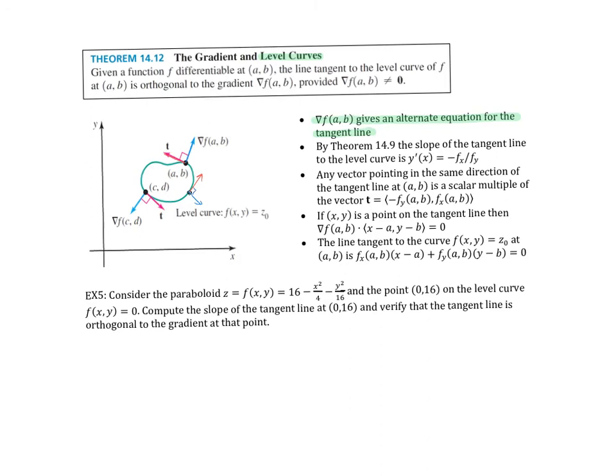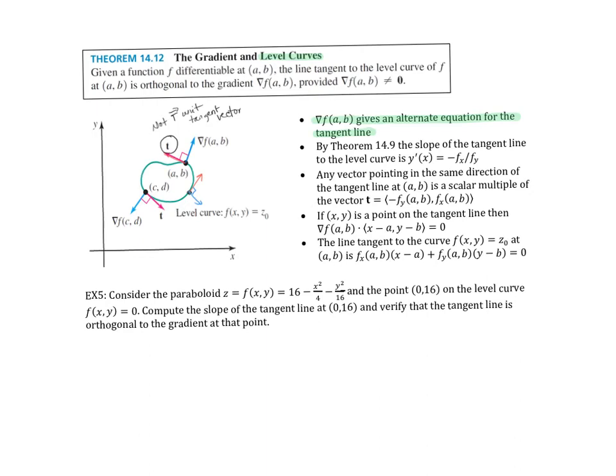I did want to make a note though. Notice that this tangent vector is a lowercase t. That's because this is just any tangent vector. It is not the unit tangent vector. So this is not capital T, which is our unit tangent vector. It's just any tangent vector. So if you take any tangent vector on your level curve, it's always going to be orthogonal to the gradient vector.